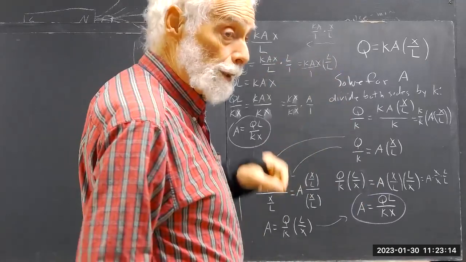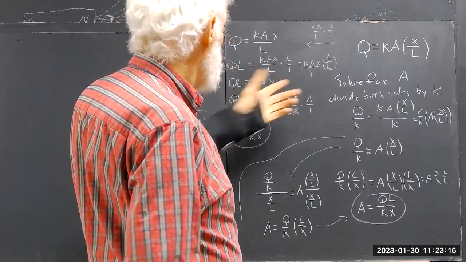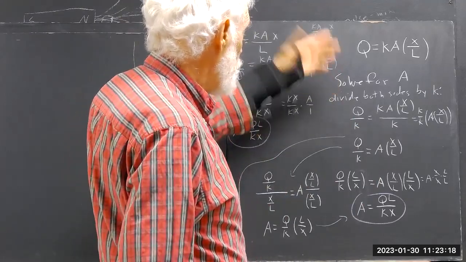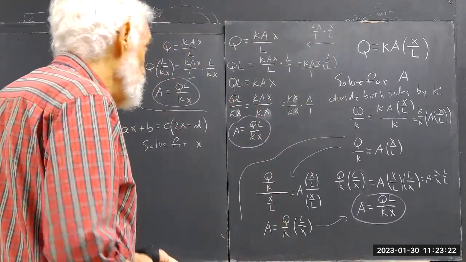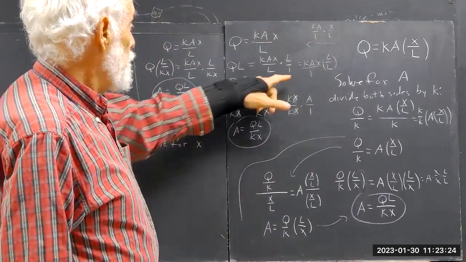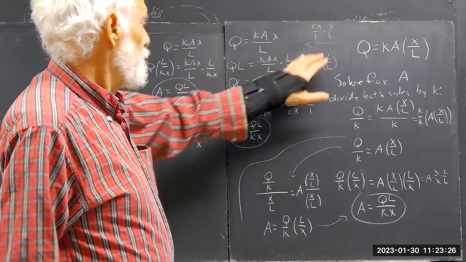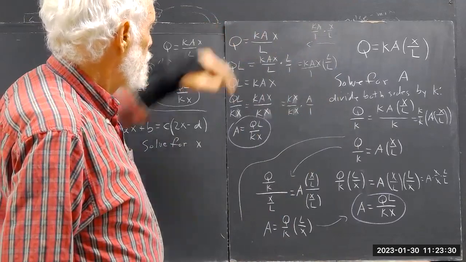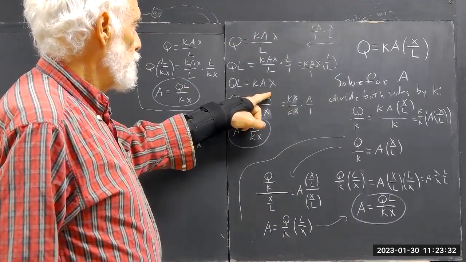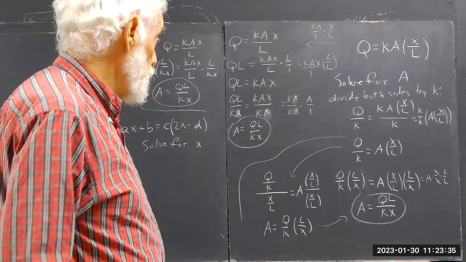I get L in the denominator either way. So this is equivalent to this. L over L is 1, and we justify that we can cancel. Okay, so anyhow, without losing our train of thought, we multiply by L and we get QL equals KAX, because the L's divide out.